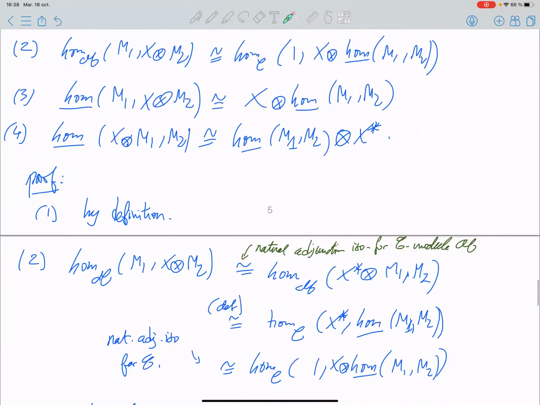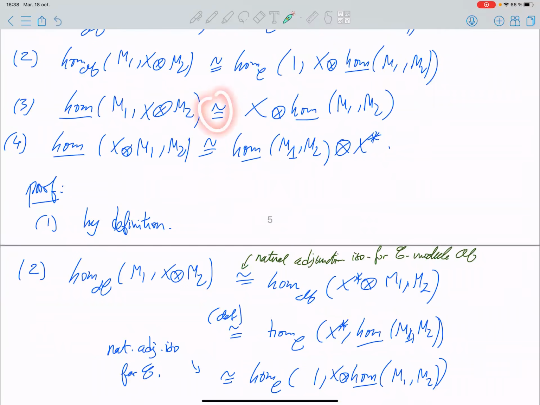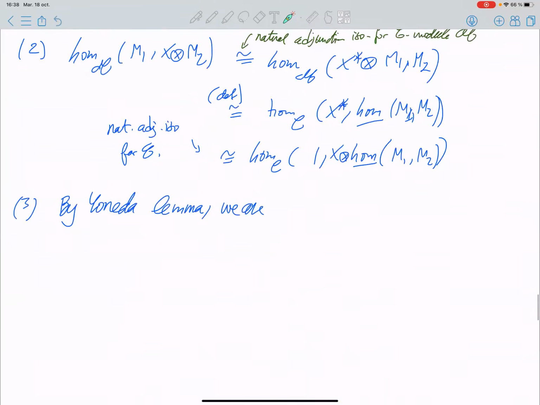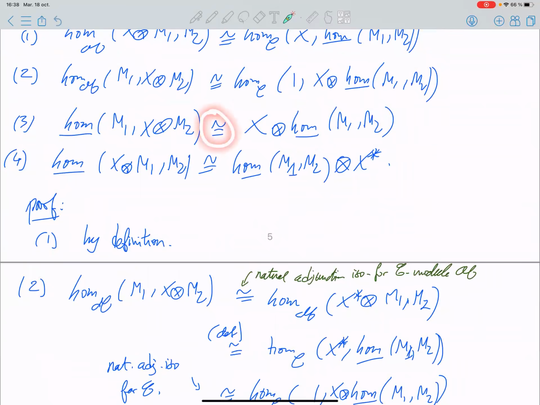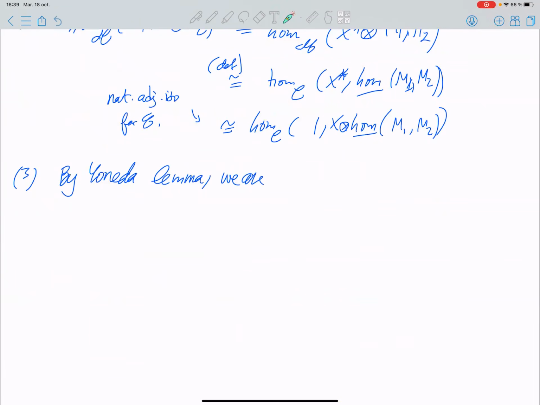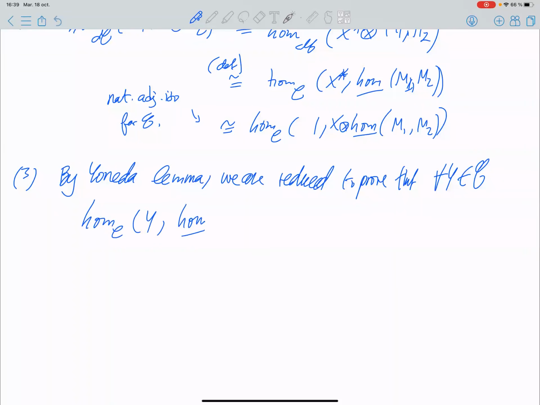we can prove, so these are objects, in fact, and we can prove that on some Hom space. So this is equivalent to proving, so we are reduced to proving that for all objects Y in C, the Hom space of Y into the internal Hom M1 ⊗ M2 is naturally isomorphic with the Hom space like that.